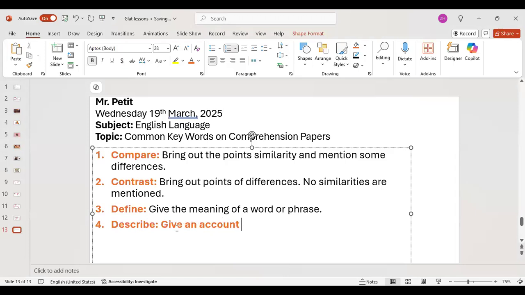So if you see the word describe, you have to give an account. It means to basically use sensory details to create a picture, to create imagery in the reader's mind.